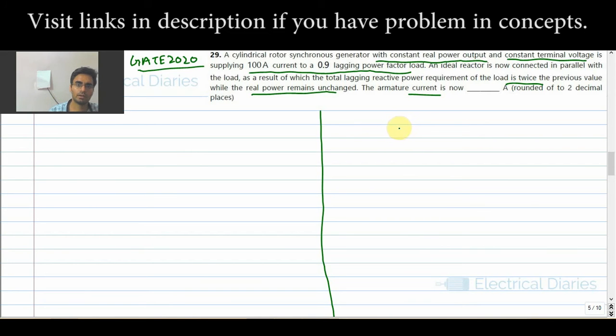Just grasp this question step by step: what he's asking and what is given to us. First, it is given a synchronous generator with constant real power output. Power for any three-phase machine is root 3 VL IL cos phi, and he is saying that it is constant, and he is also saying that VL is also constant.